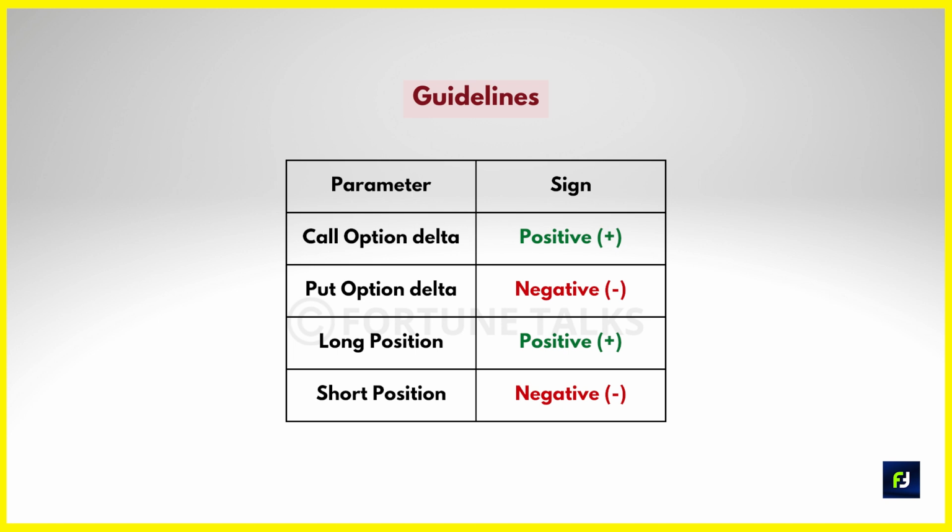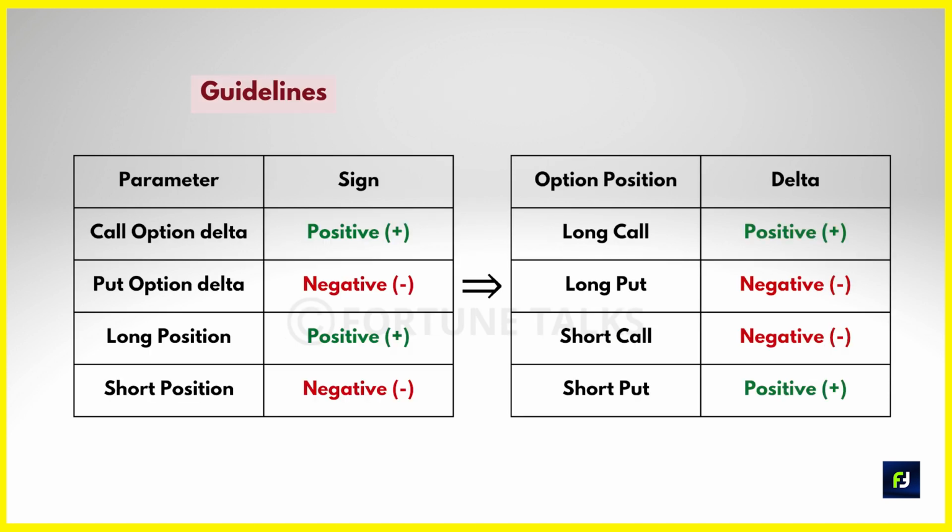A call option delta is given a positive sign while a put option delta is given a negative sign. Long positions are given a positive sign while short positions are given a negative sign. This means a long call option position will have a positive delta while a short call option position will have a negative delta. This is very important to remember.